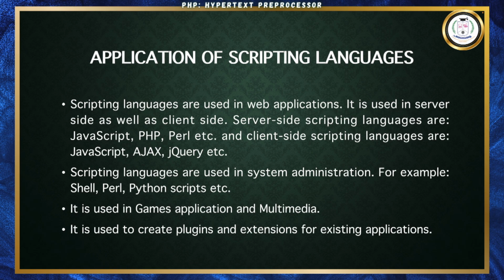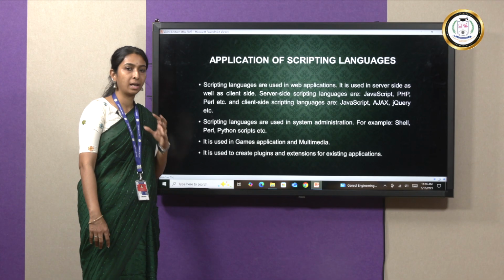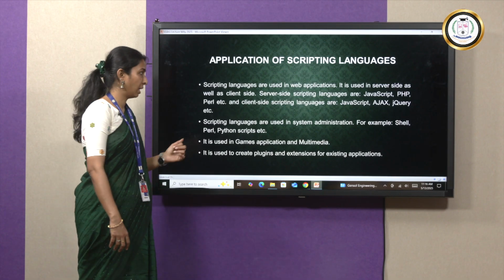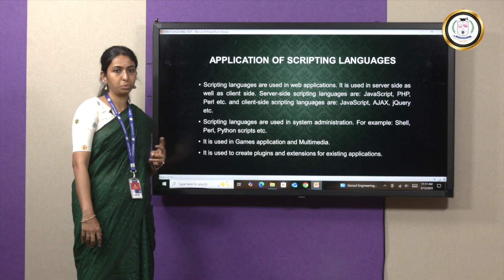Now what are the applications of these scripting languages? These scripting languages are mainly used for creating web applications. We could say dynamic and interactive websites can be created by using these scripting languages. And they are of two categories. Scripting languages will be either client-side scripting languages or server-side scripting languages. Now what is the difference between these two?